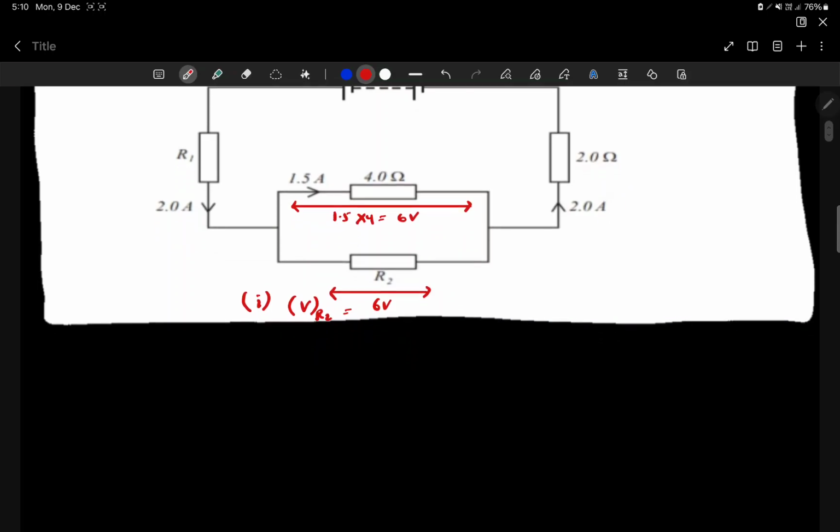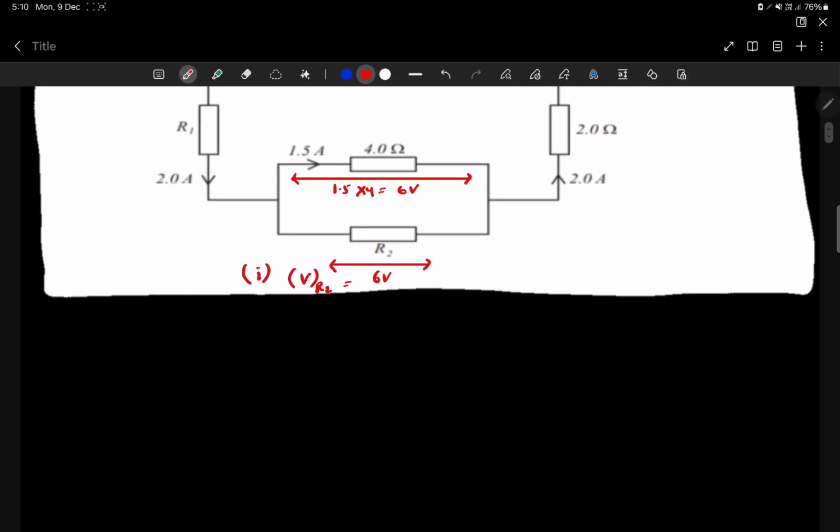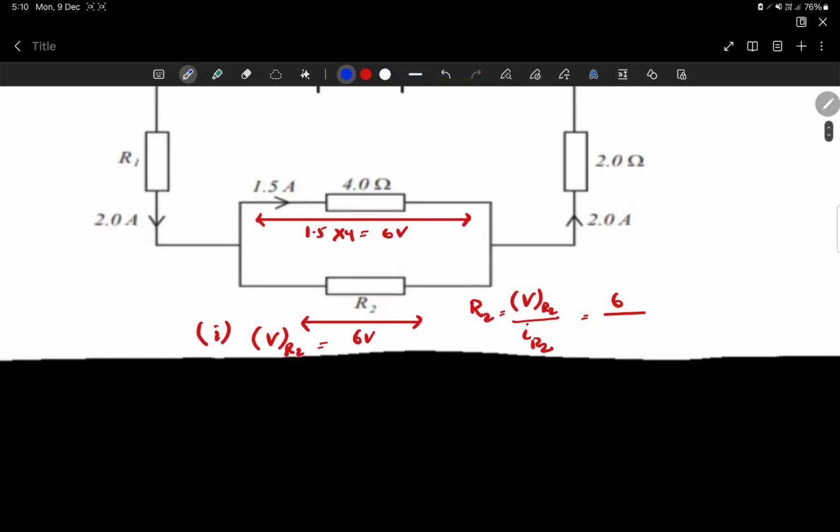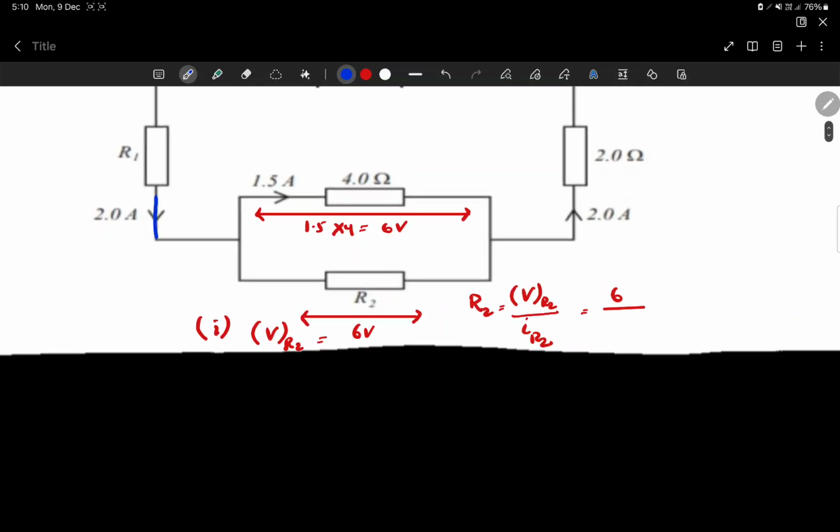In order to calculate the value of resistance R2, R2 is equal to voltage by current. So voltage across R2 divided by current through R2. Voltage across R2 is 6 volt. Now you have to find current through R2. So how to calculate? Now see the figure properly. Here in this path 2 ampere current is coming to this junction.